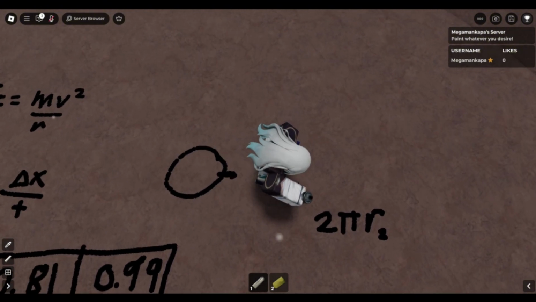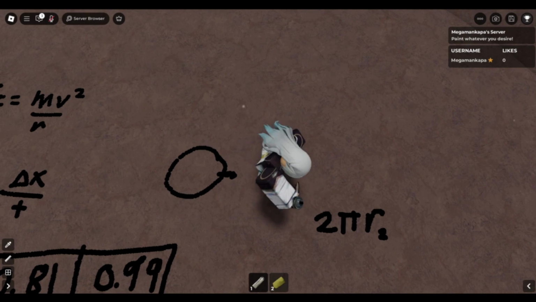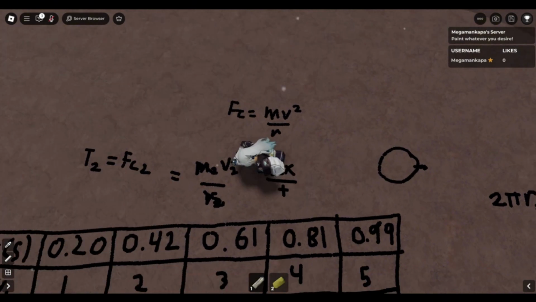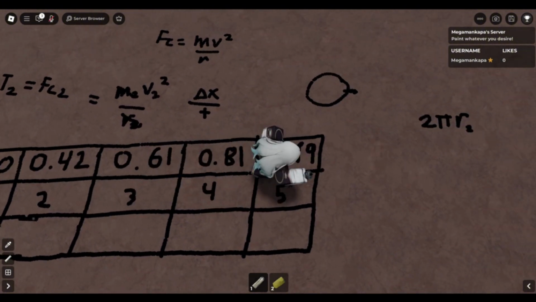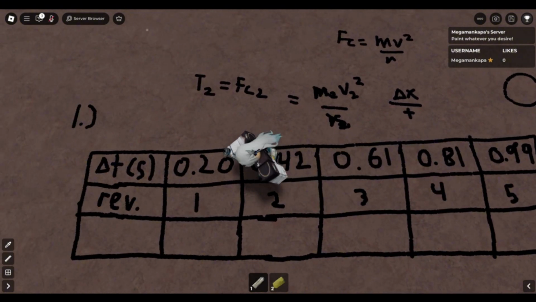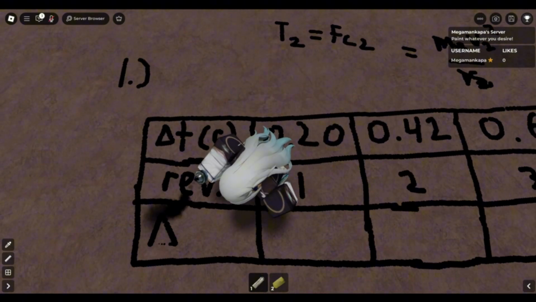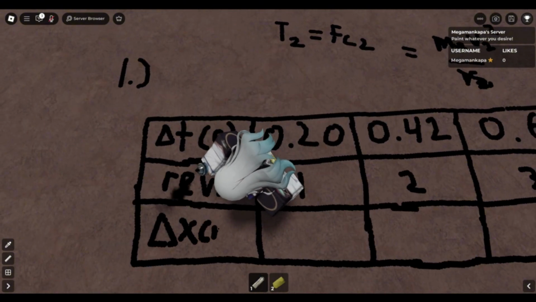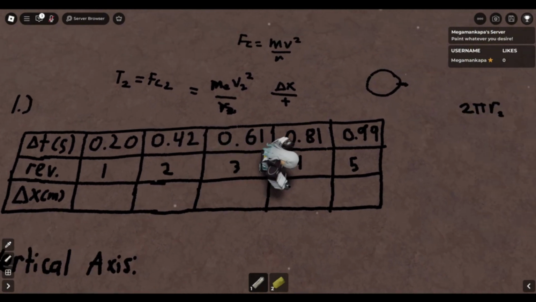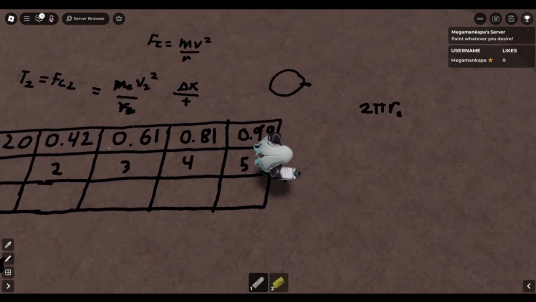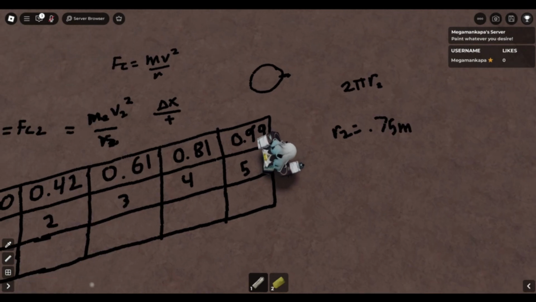Well, going off that, if every revolution is 1 circumference, then I simply have to multiply 2 pi r2 by the amount of revolutions to get the distance I've displaced from the original starting point that corresponds to each time. So, let's do that. Delta x in meters. So 2 pi r2, where r2 is equal to 0.75 meters.